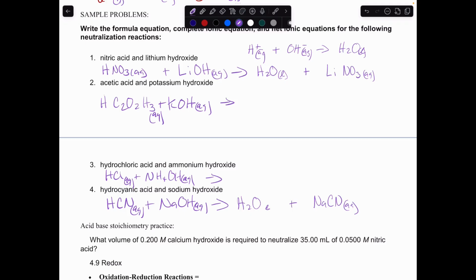Okay, so now when I write the complete ionic equation, I will only separate the substances that are both strong and aqueous. So let's look at the first one. Is this a strong acid? No, so I write it intact. The second substance, is this a strong base?